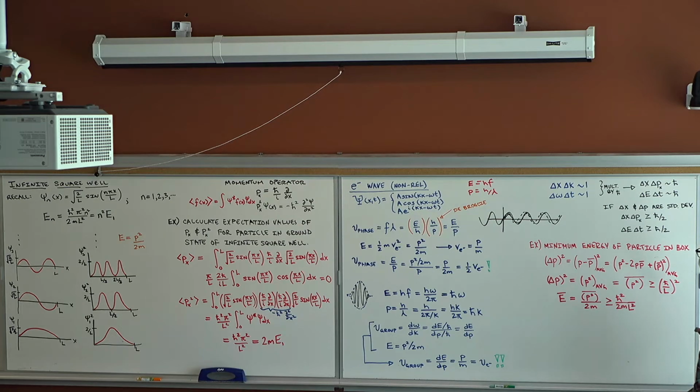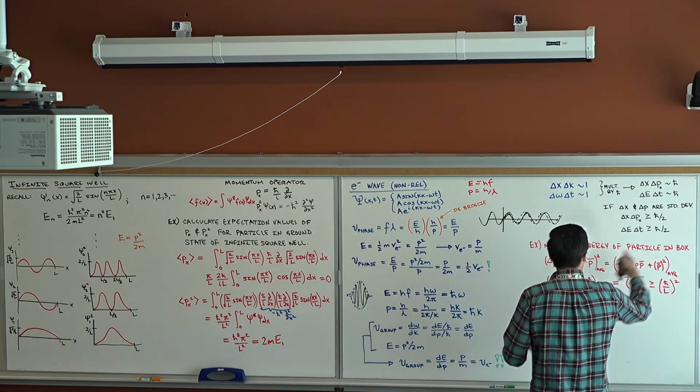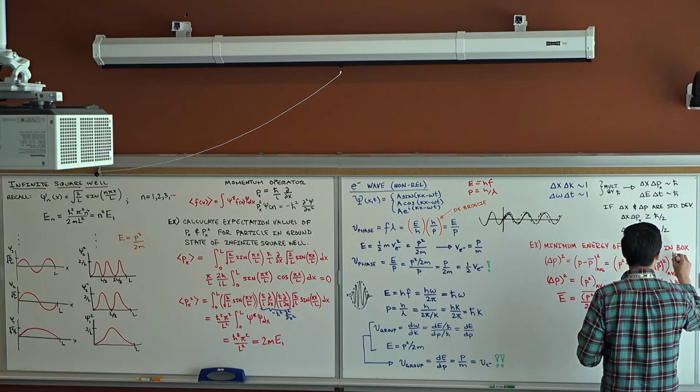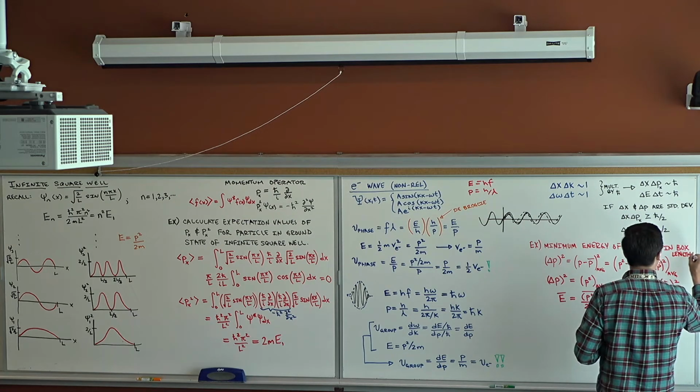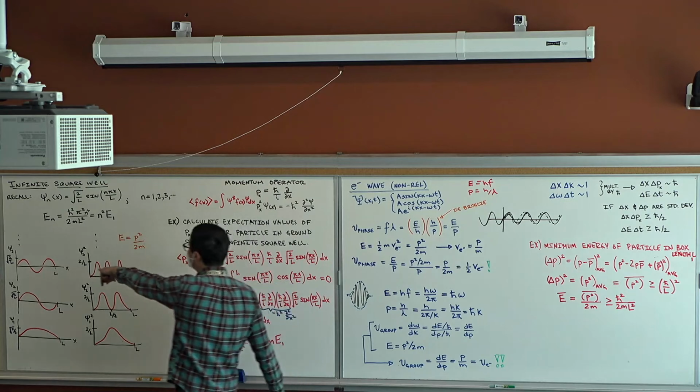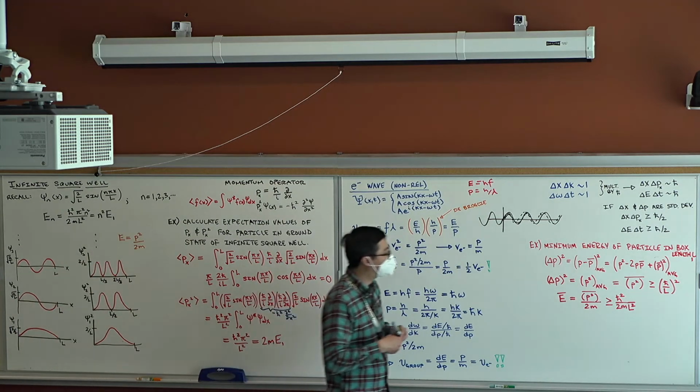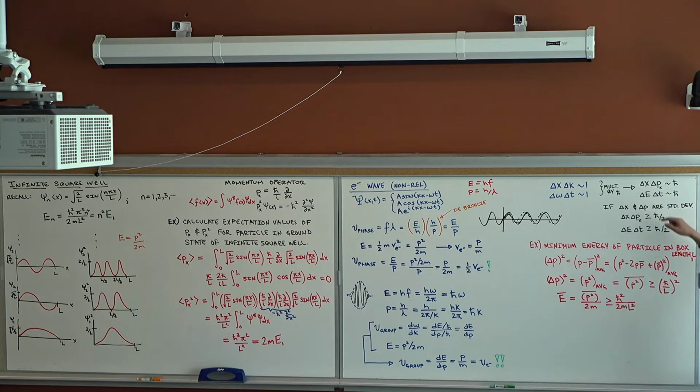But if we come back to this statement, delta p times delta x should be order h bar. So delta p should be order h bar over delta x. If our box has length L, like what we had over here, then delta x, I know it's somewhere in the box, just to really roughly approximate this, delta x could be as big as L, right?